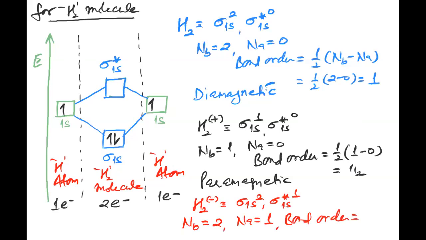Its bond order should be half of 2 minus 1, which is half. And it is also found to be paramagnetic. So H2 is diamagnetic, H2 plus is paramagnetic, and H2 minus is also paramagnetic in nature.